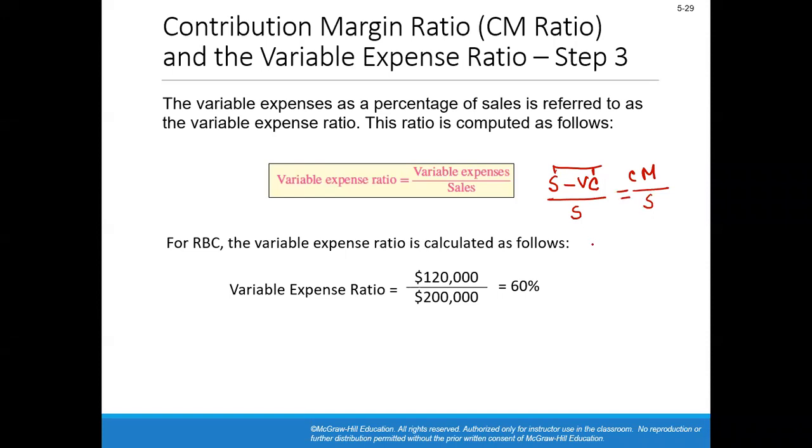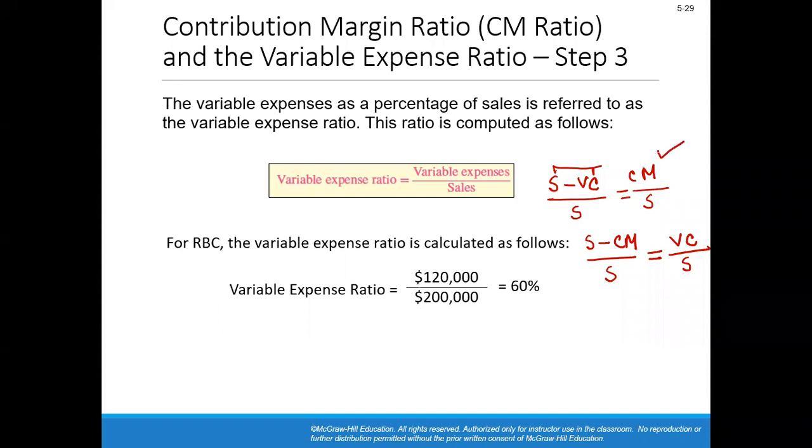But alternatively, if we do this, sales minus contribution margin over sales, we are expressing variable cost relative to sales. Now, this is the flip side of what we discussed, the contribution margin ratio.